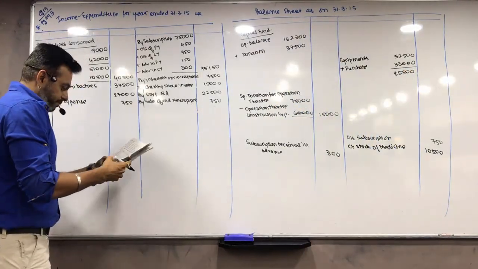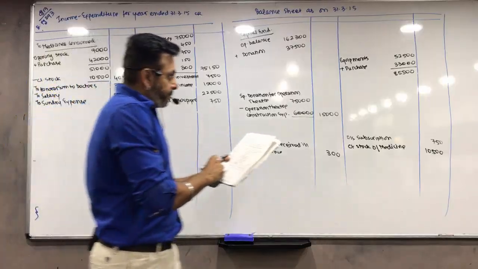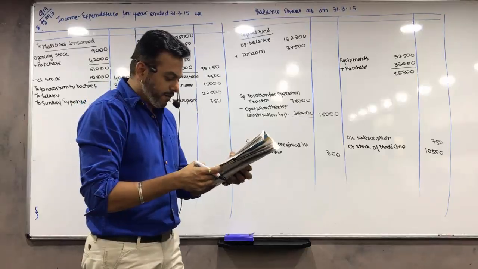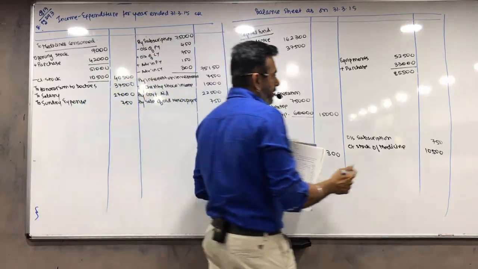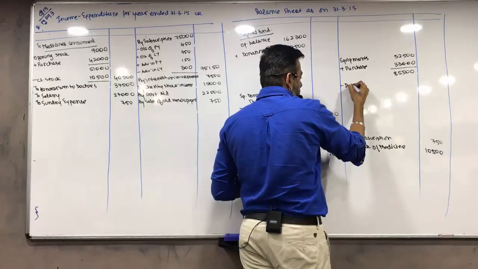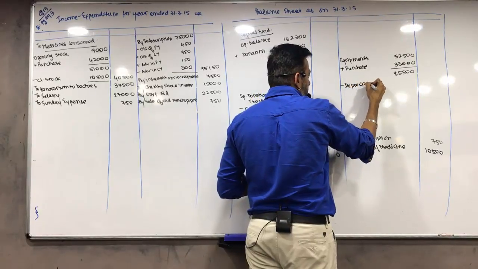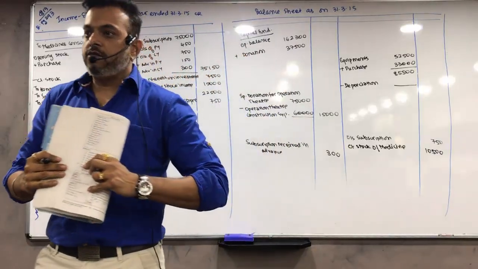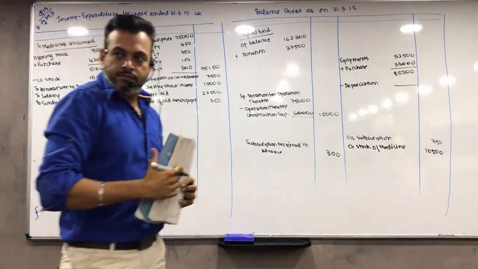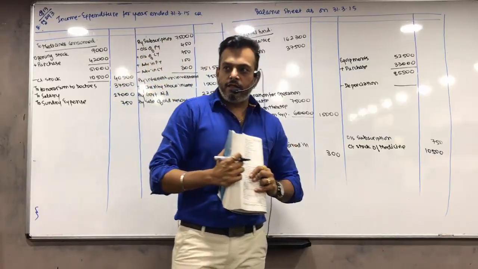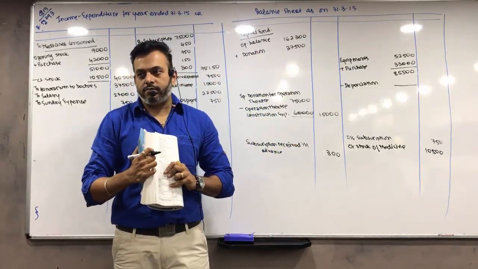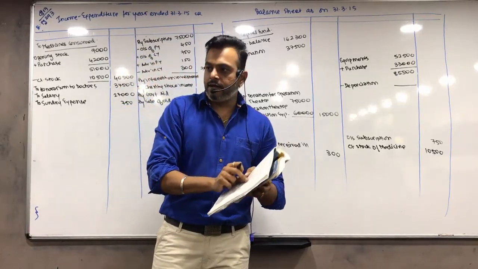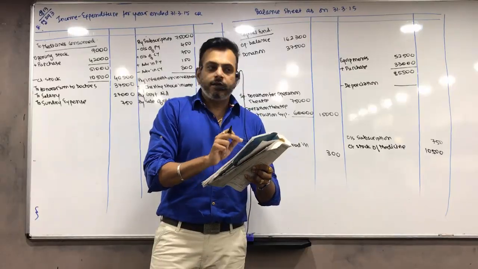Now, equipment 52,500, we purchased 33,000. What are we left with? Closing is 78,000. So what is the balancing? Balancing is depreciation. All of you understood this? Why is it not a sale? How do we know this is depreciation? Because if it were a sale, it would come in the receipt payment account, but here it has not come.